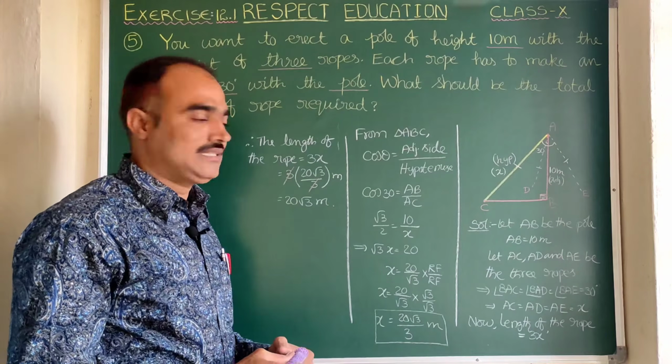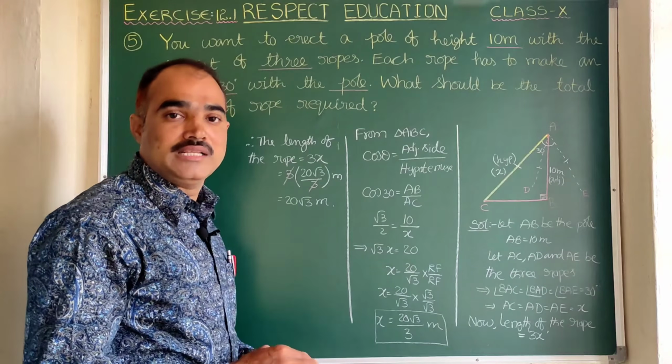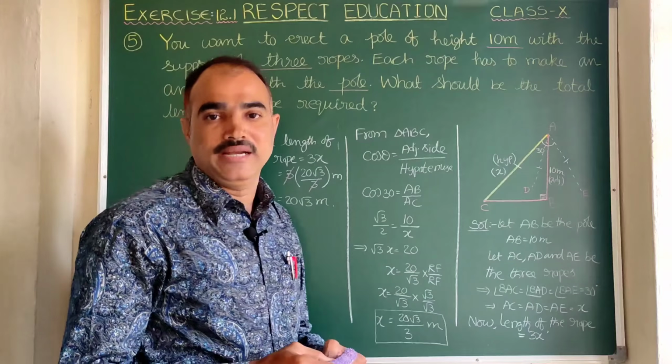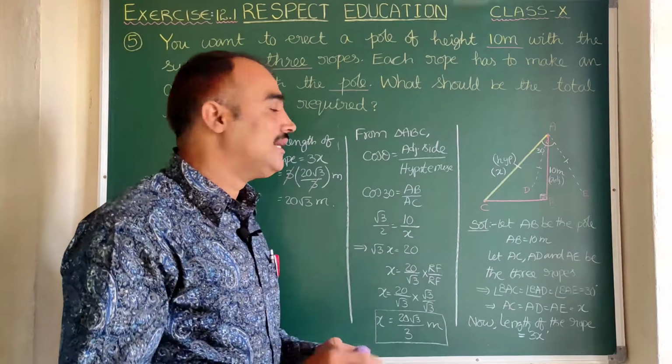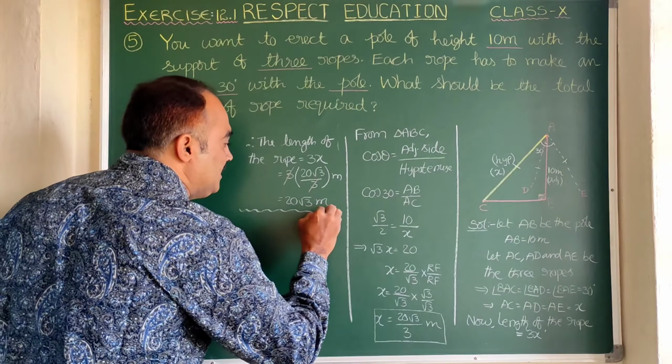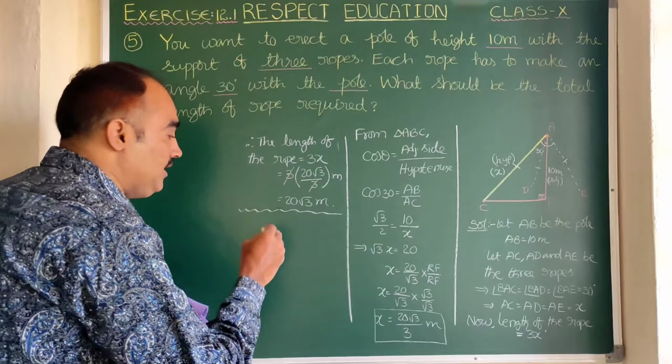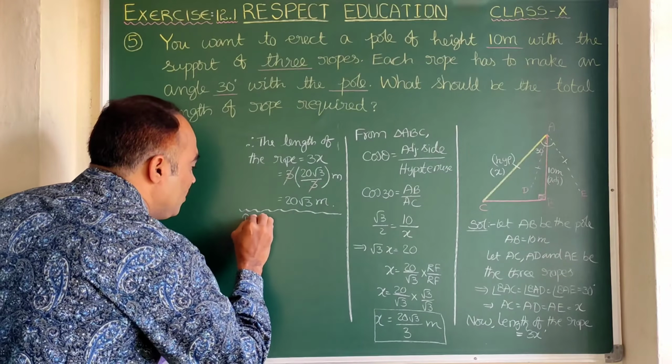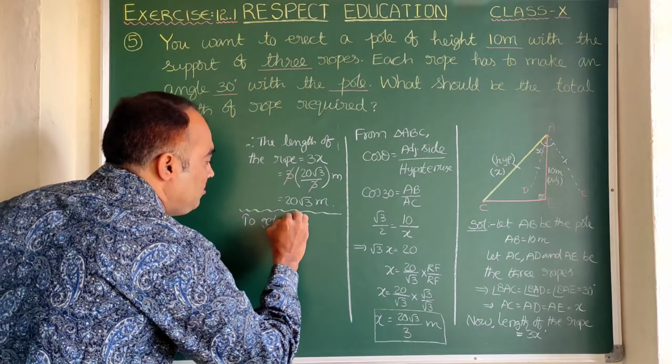But here you need to understand a small thing. According to the textbook answer, we got 60 meters. To get that answer, what is to be changed?